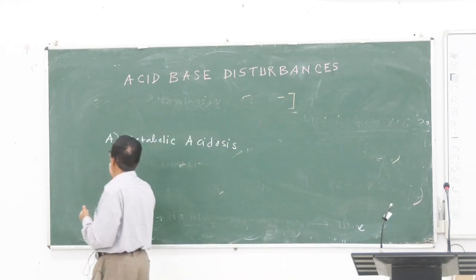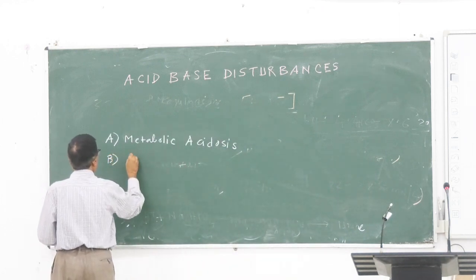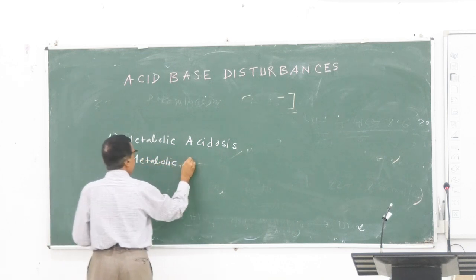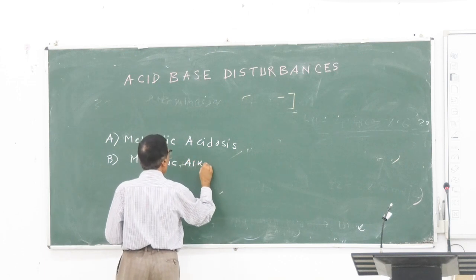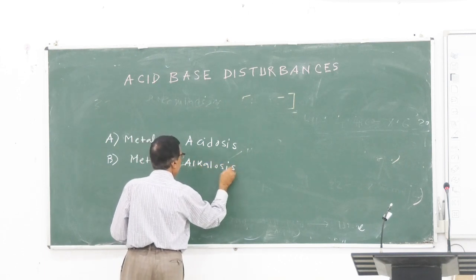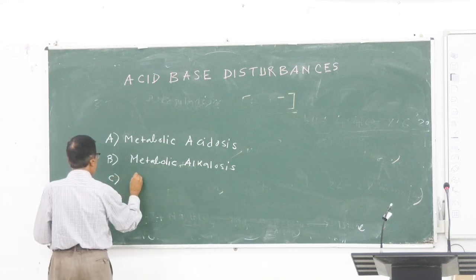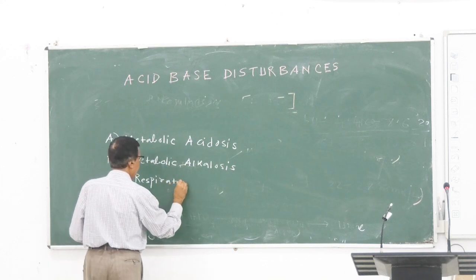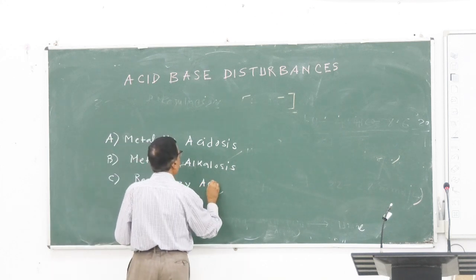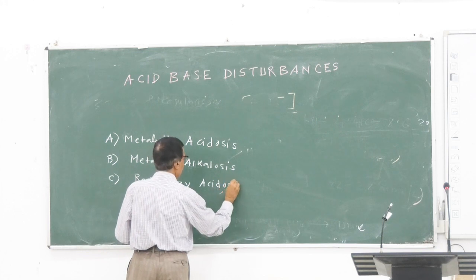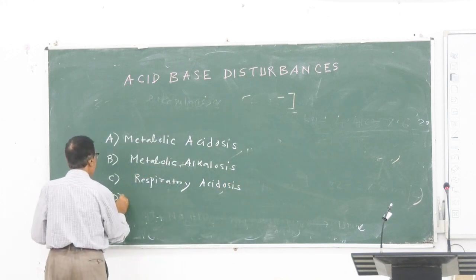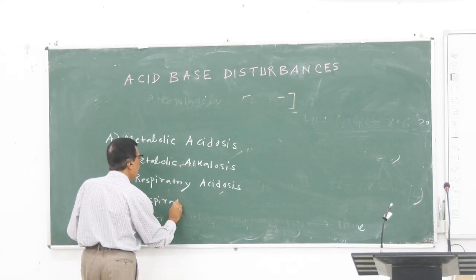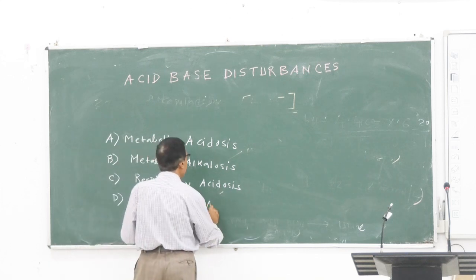Second is metabolic alkalosis. Third is respiratory acidosis, and fourth is respiratory alkalosis.